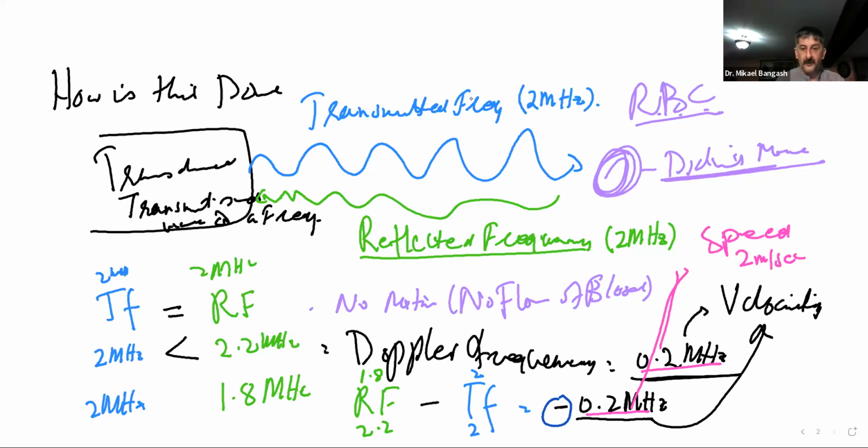What it means when we have a positive shift is that this moving red blood cell is flowing towards the transducer. Whereas the negative Doppler shift, at the same speed, because the difference between the two frequencies was 0.2 megahertz, means that it is moving away from the transducer at a speed of 2 meters per second.